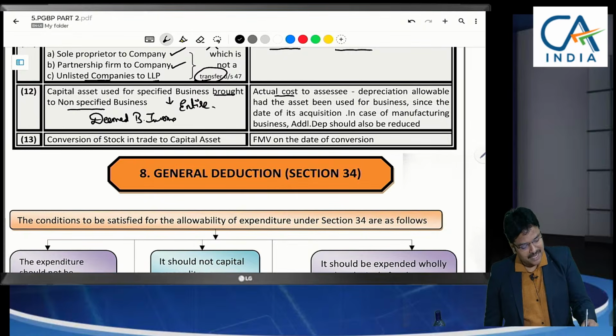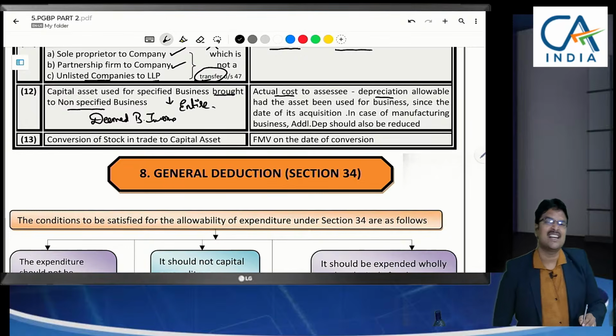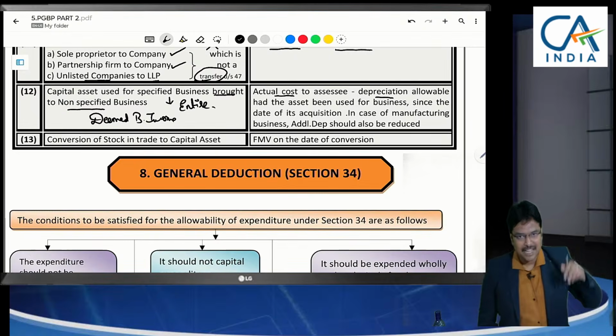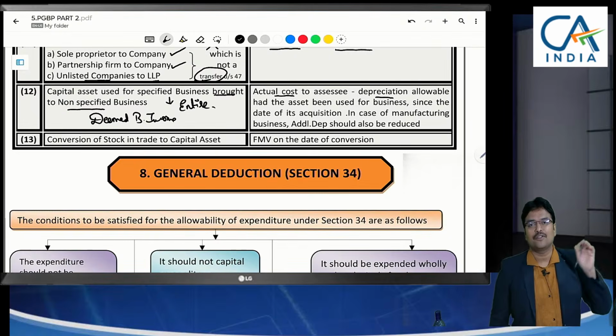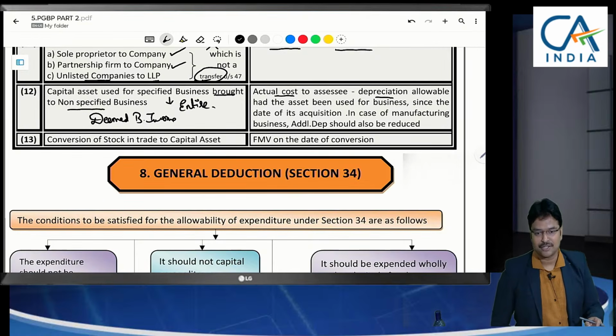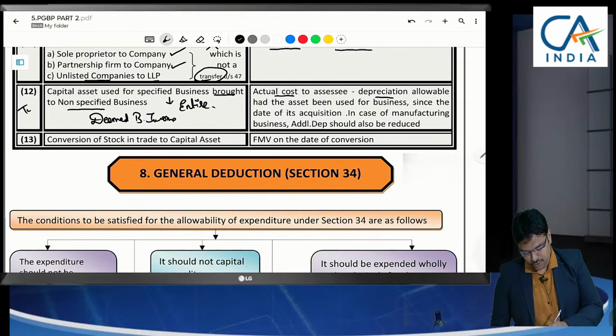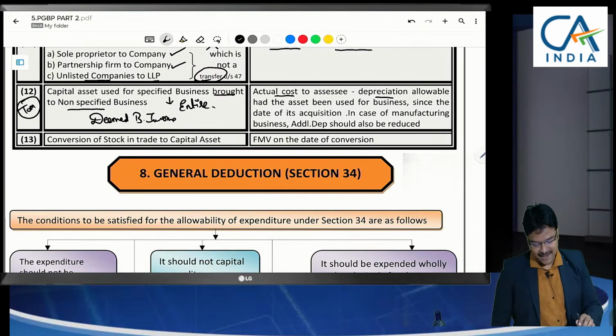Actual cost minus depreciation will be treated as deemed income. That deemed income only will be added to the block to claim depreciation. This we will discuss tomorrow. In tomorrow's material, this will be there, specified businesses.